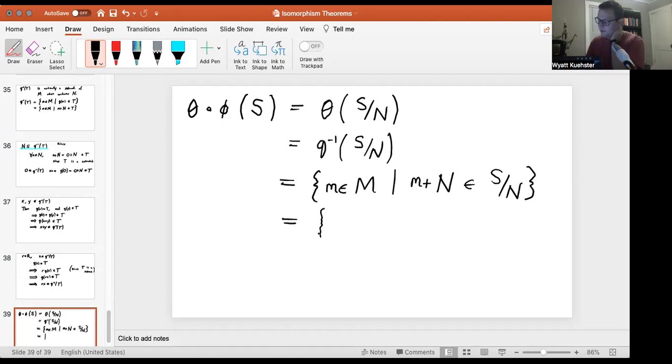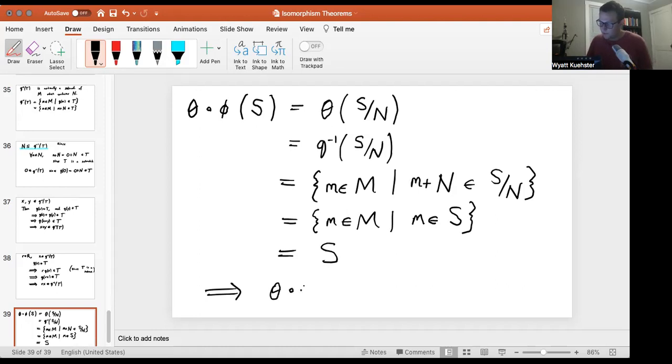But then for this coset to be in S over N, I need little m to be in S. So this is the m in M such that m is in S. And since S is already a submodule of M, this is just S. So theta composed with phi is equal to the identity on A. It takes S and spits out whatever it takes in.